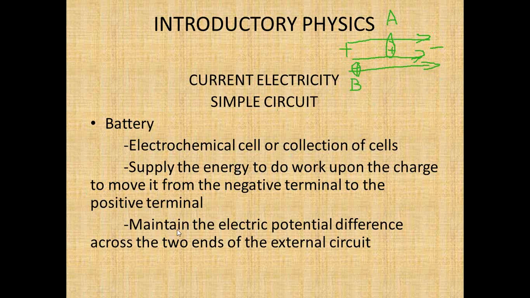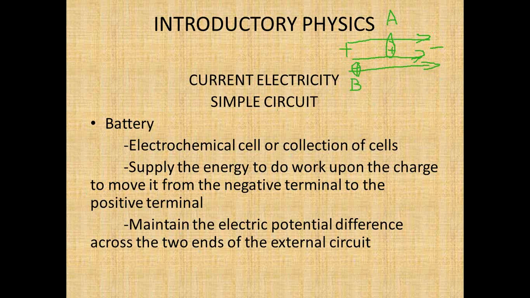The battery is also going to maintain the electric potential difference between the two ends of the circuit. So if your battery is rated 1.5 volts, the high potential terminal is going to be 1.5, the low potential terminal is going to be 0. The potential difference is going to be maintained by the battery.